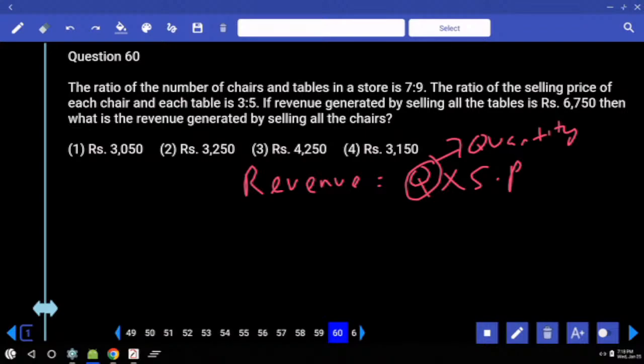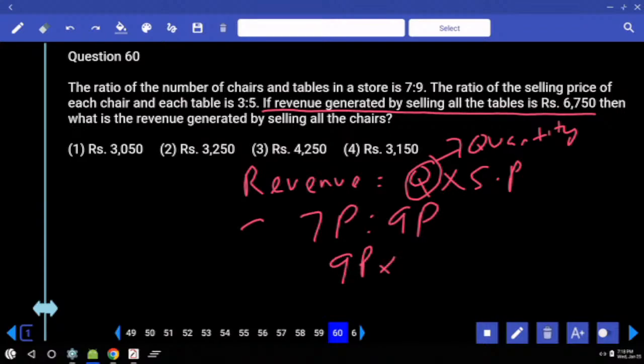So if you see here, what he has given, if the revenue generated by selling all the tables is 6750. First of all, tables part is what? Number of chairs and tables, 7 parts is to 9 parts into what is the selling price of each table? 5.